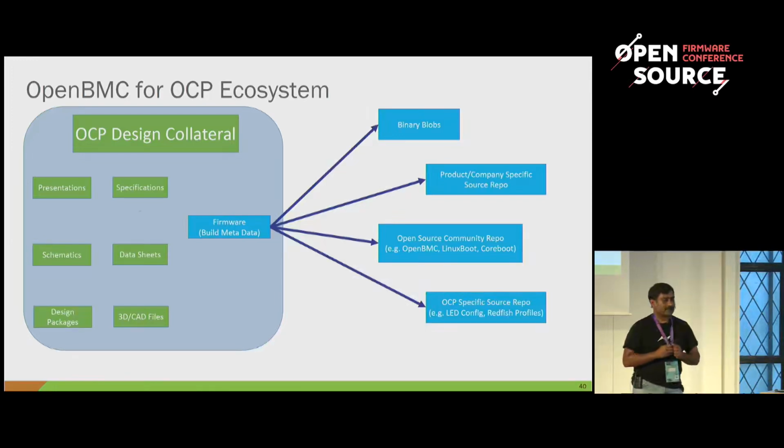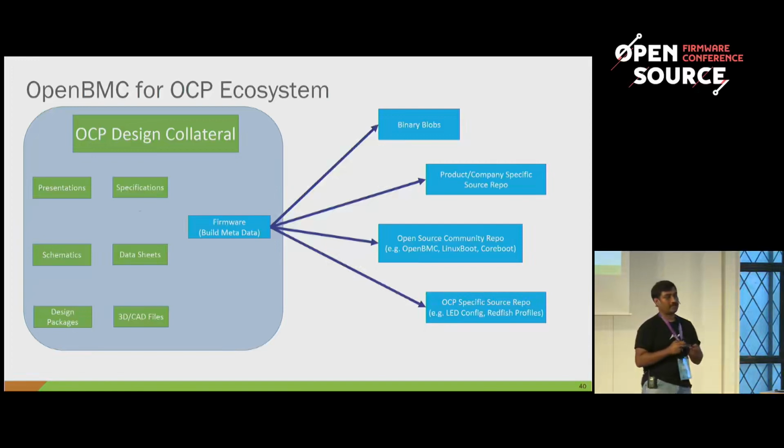What it means is that it will have metadata to either build firmware from sources or download it, at least in cases where open source is not available. There are a bunch of options on the right side that I have shown. One could be a binary blob. FSP could be a good example, where since we cannot open source the code itself today, we can point to the FSP and say this is where you can download it. Or it could be a pre-built binary.